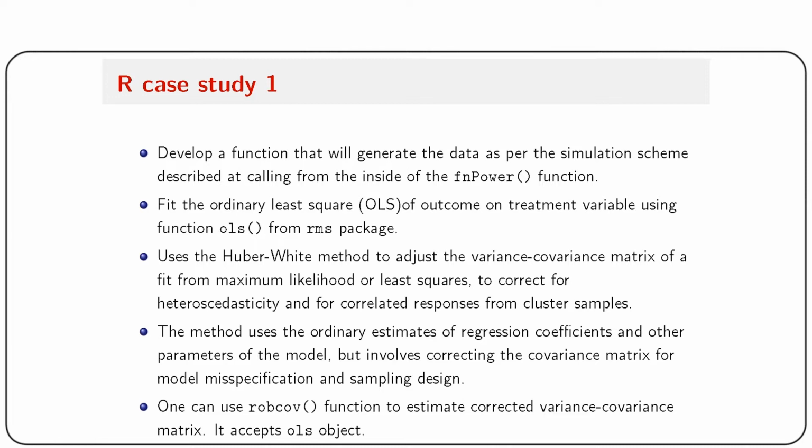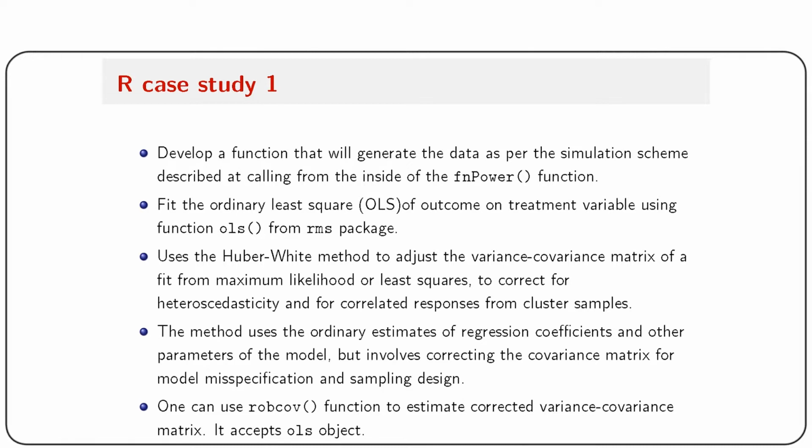Using the Huber-White method to adjust the variance covariance matrix of a fit from maximum likelihood or least squares to correct for heteroscedasticity and for correlated response from cluster samples.